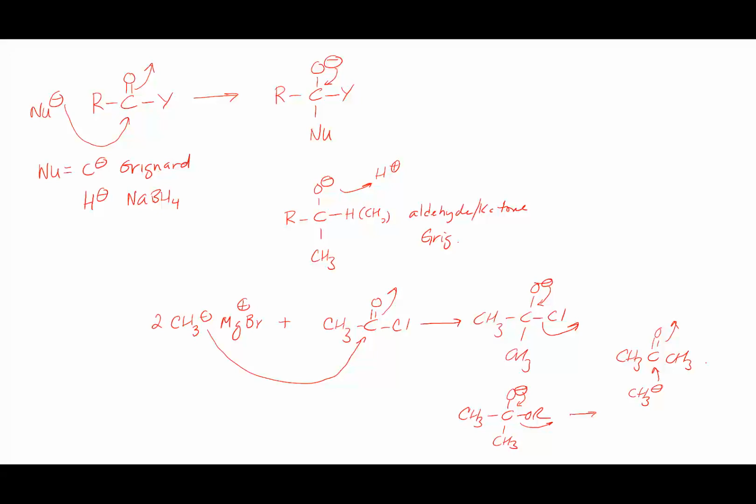So the critical part here would be, let's say this only occurs one in every million molecules. But once it happens the first time, that molecule's gone. When it happens the second time, that molecule's gone to the final product. So eventually everything will be moved over to the tertiary alcohol.